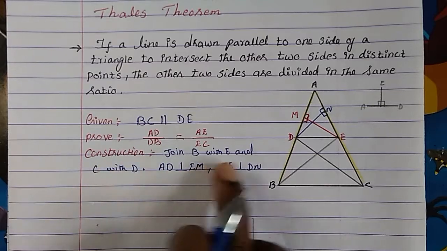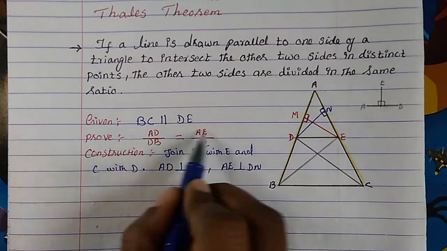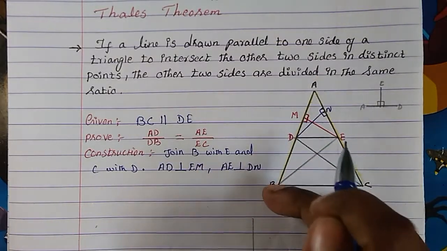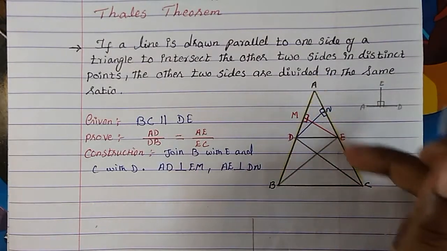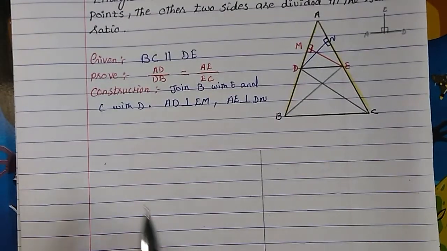This is the construction we have done. Now we have to prove that AD upon DB is equal to AE upon EC. So let's begin the proof now.